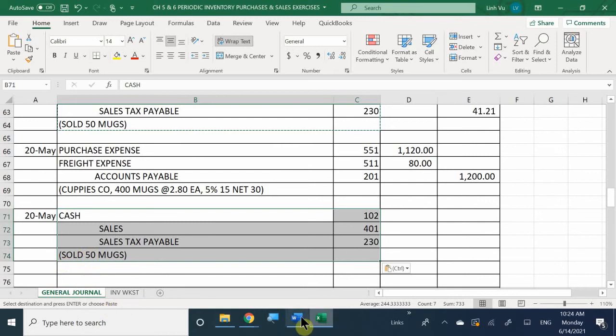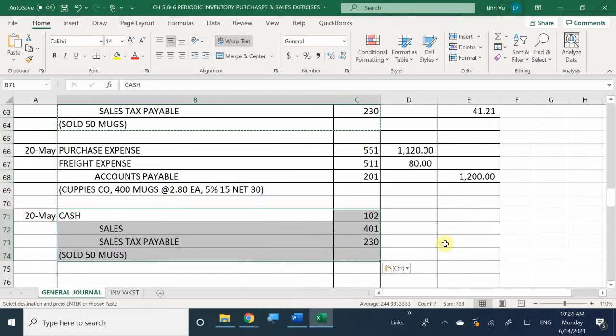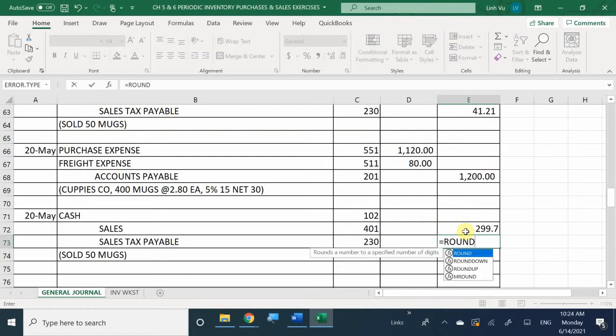Okay, so in this context, how many mugs did I sell? 30. We sold 30 of them. Okay. So that gives us a total sales of $299.70. All right, how much tax are we collecting? $24.73.